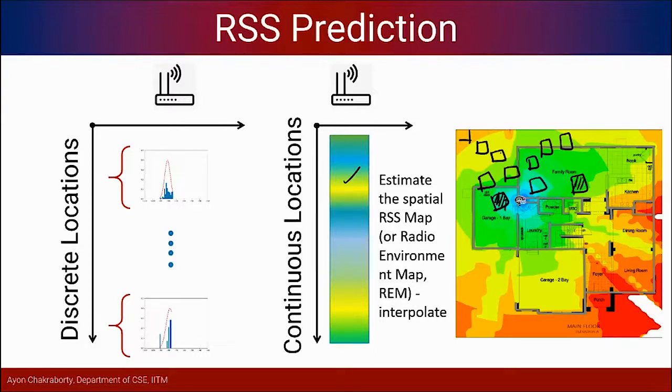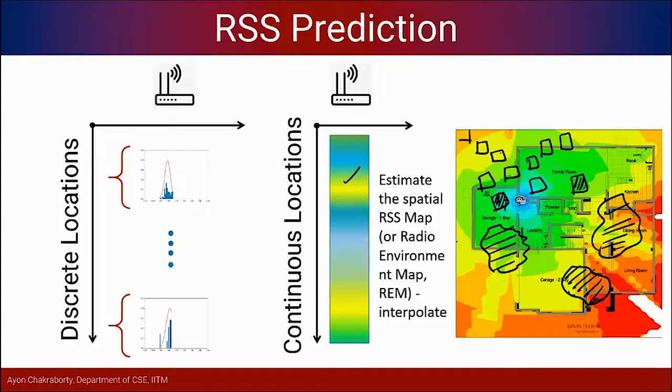So another important problem here is to know, from a given set of data points, what are the possible RSS values which could be in locations where I do not have data. In some of these places I do not have data, so I need to fill up these voids, and we have to do it accurately such that my location prediction is better.